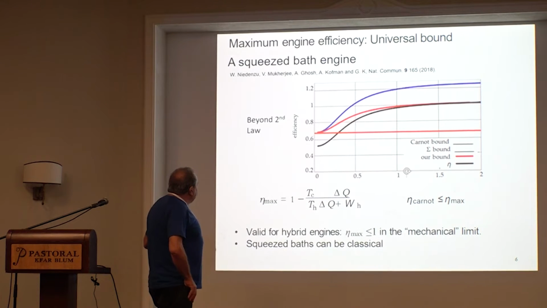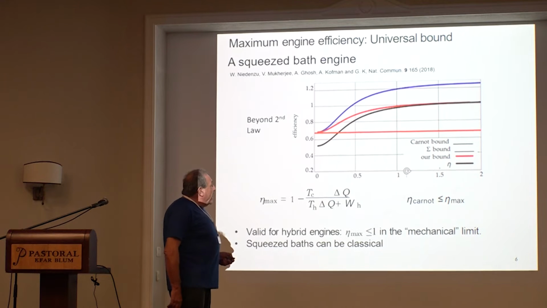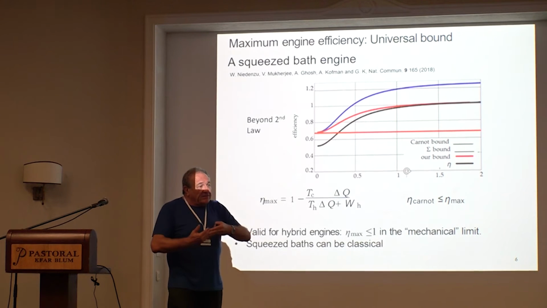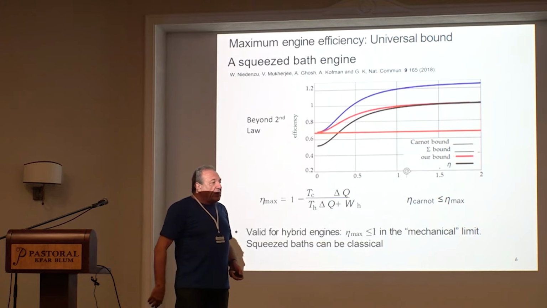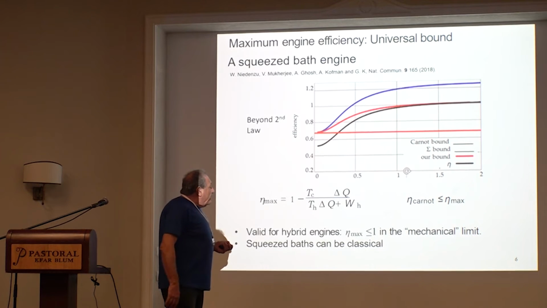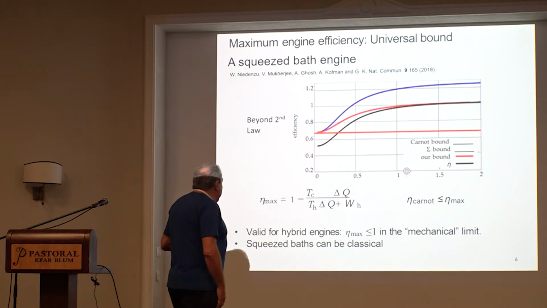And so you have to modify the efficiency bound by 1 minus T cold over T hot times the ratio between the heat you get from the bath over the total energy, which includes a work component, okay? And this means that you commute work in the bath by work in the piston, and this is more a mechanical engine than a heat engine, okay?